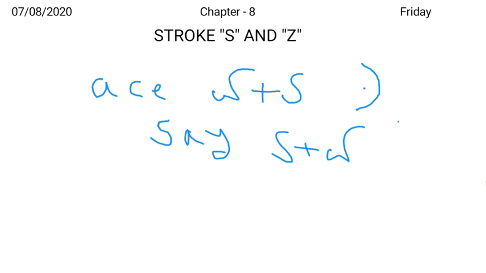So we have to write stroke S so that we can mark the vowel. This is the first rule. Whenever there is an initial vowel or a final vowel sound, we must always write stroke S.